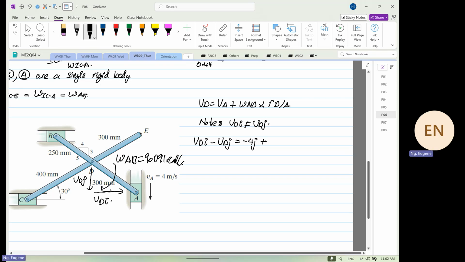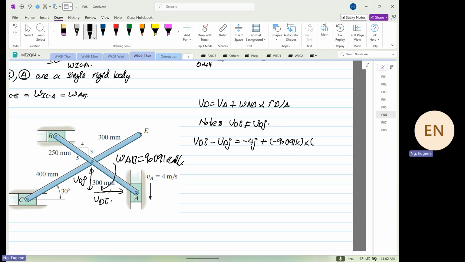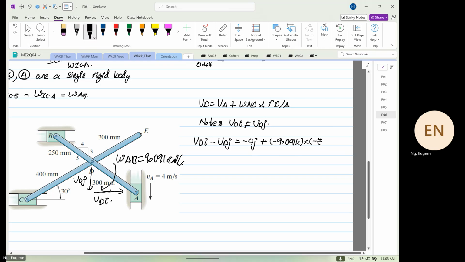plus omega AD. So we know that this is minus 9.091 K cross RD from point A, the reference point is A, so it's equal to minus 4/5 multiplied by 0.3, and this is I, plus 3/5 multiplied by 0.3 J. Okay.